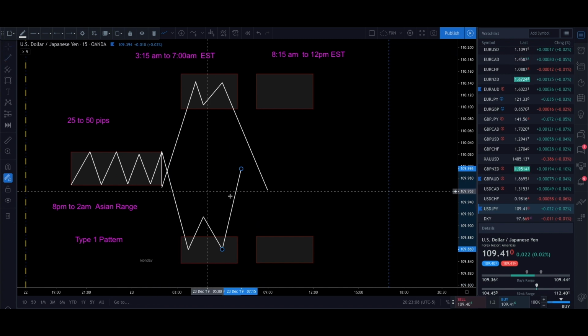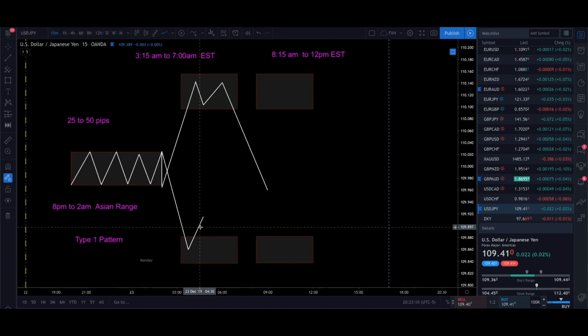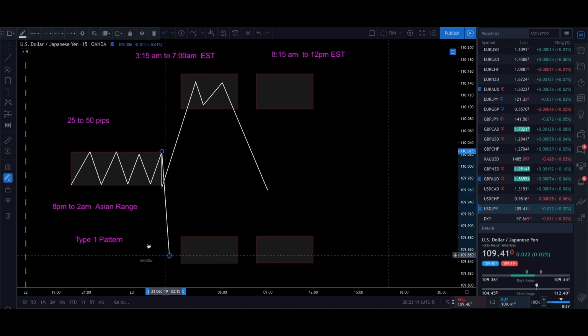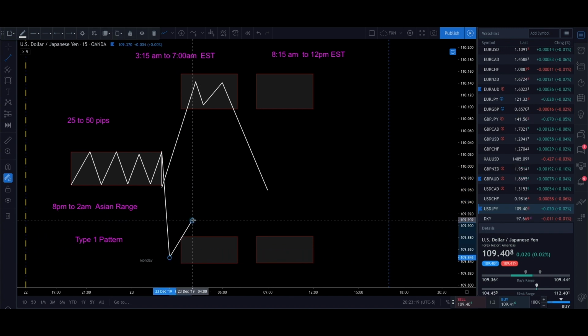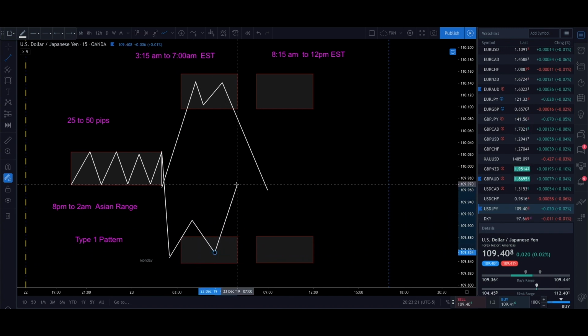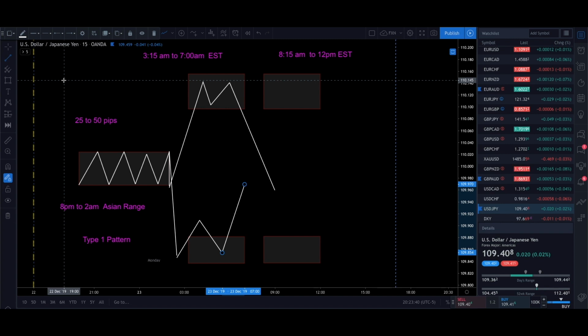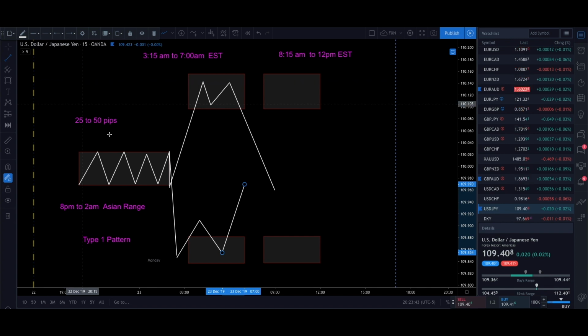Or the last one where you could have the first leg just outside of this box here, and then the second leg comes in basically like this. So all these things are basically different variations of the same pattern. So that essentially is a type 1 pattern. Okay, either way, either going up or going down to make an M or W.